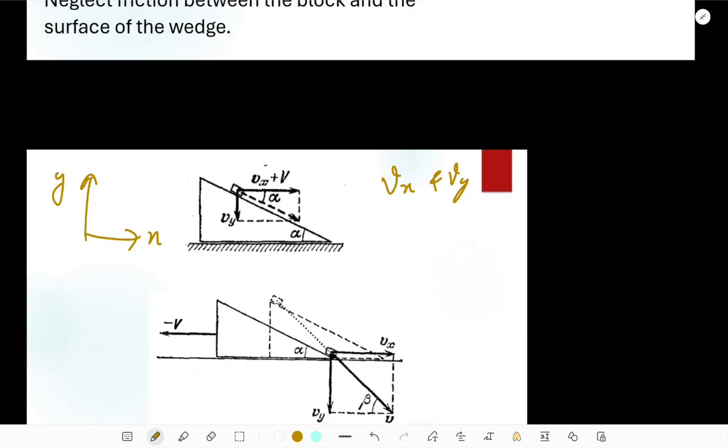In this reference frame, the velocity of the wedge should be in this direction, so call it minus v. The minus sign is because we have taken the positive x-axis towards the right, so a minus sign before v is sufficient to explain that the wedge moves to the left when the block slides.